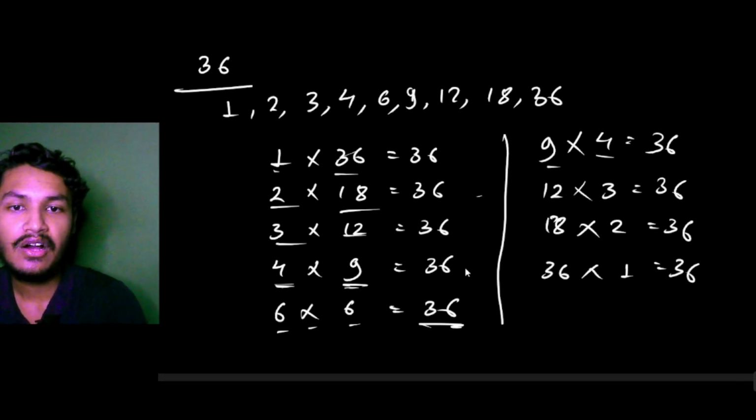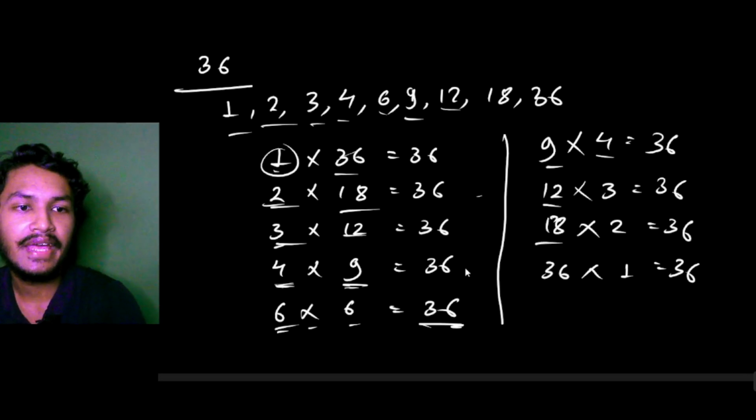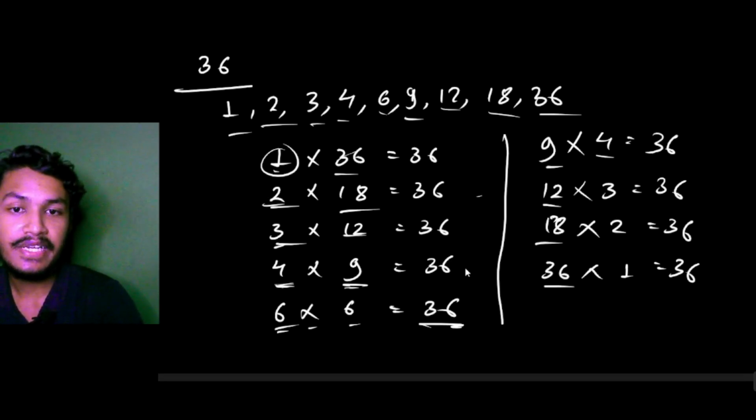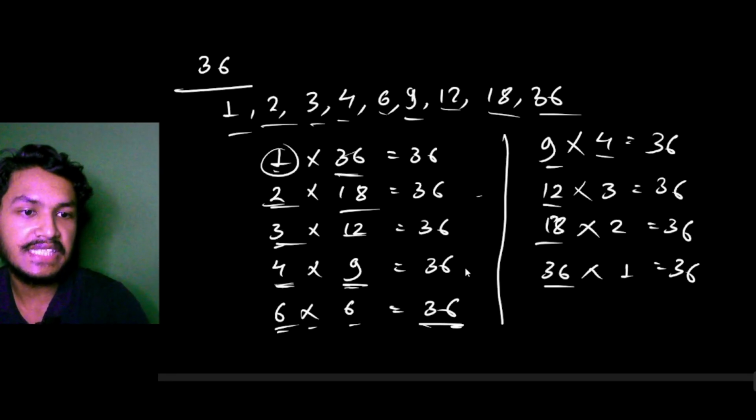You can see 1, 1, 2, 2, 3, 3, 4, 4, 6, 6, 9, 9, 12, 12, 18, 18, 36, 36. All right, so we have covered all the cases, we have printed all the numbers, but you can see that we are again checking for the same numbers.